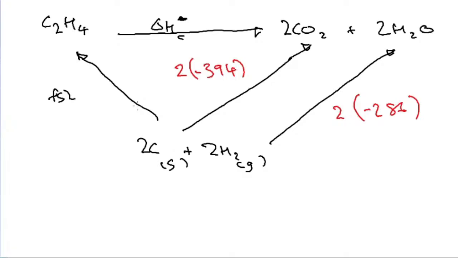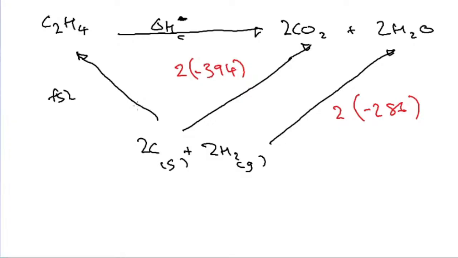Let's get the calculator out. Okay, so we've got minus 394, 394 times 2, 788, and we've got 286 times 2, 572.